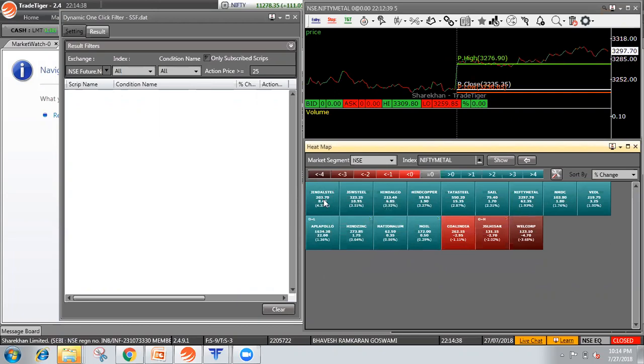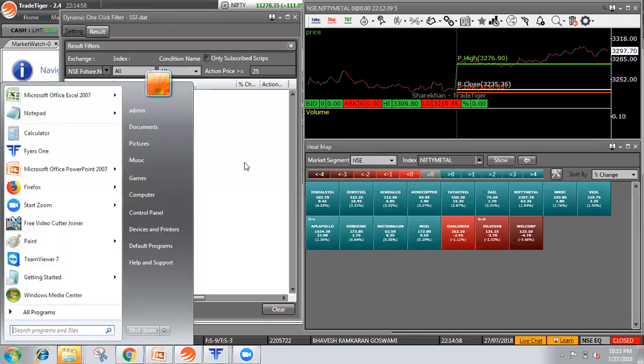I will take a future and I will sell a 200 call. Every time you have to take an at-the-money call, not an out-of-the-money or in-the-money call. If you're buying a future, you have to sell a call. If you are selling a future, you have to sell a put. I will show you how to do this here.